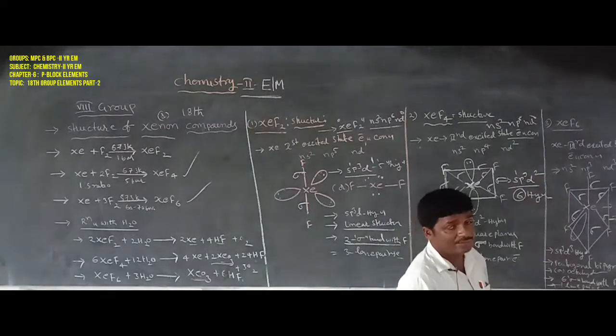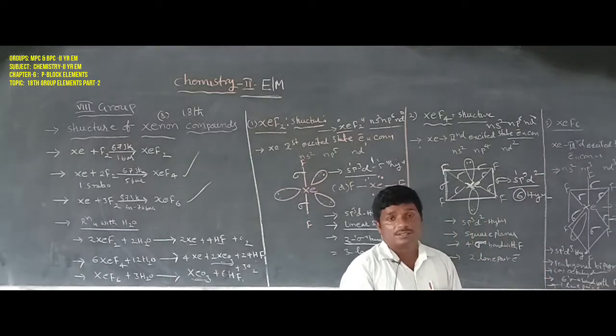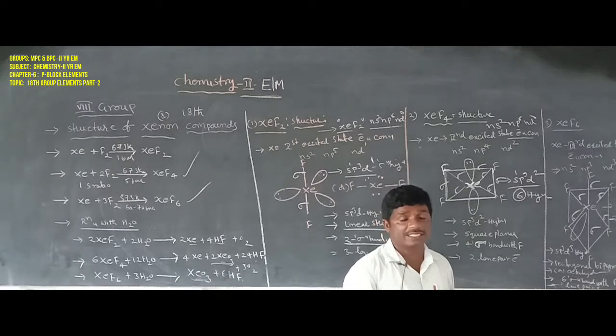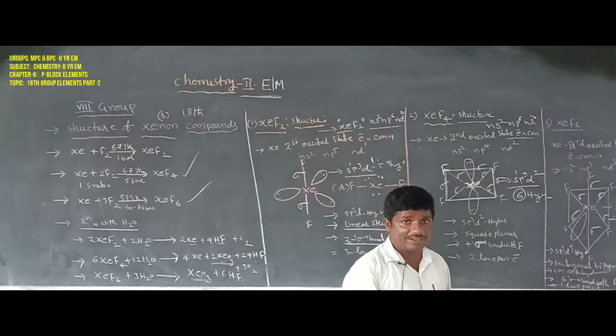That is the structure of xenon hexafluoride. Hexa means 6 fluorine atoms react with the xenon atom to form the xenon hexafluoride structure.